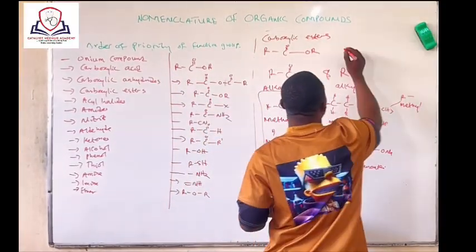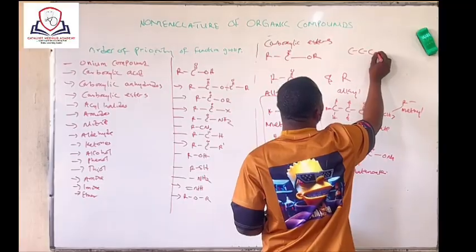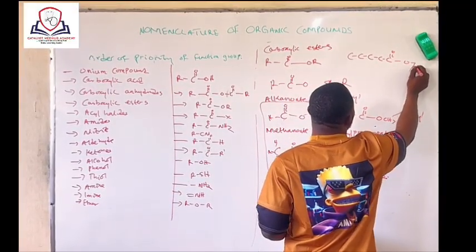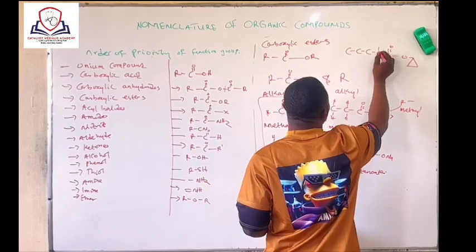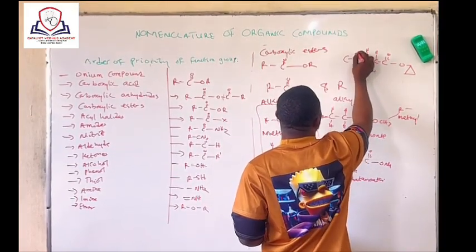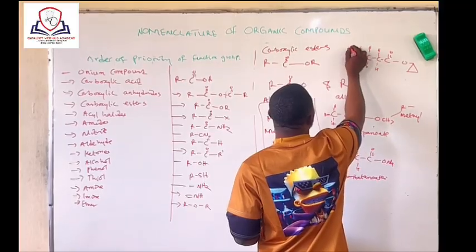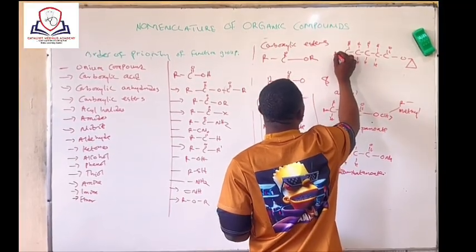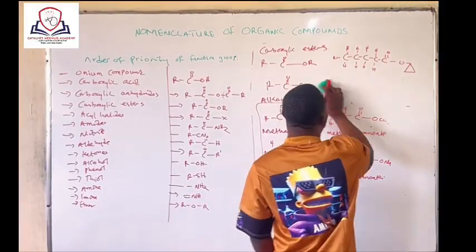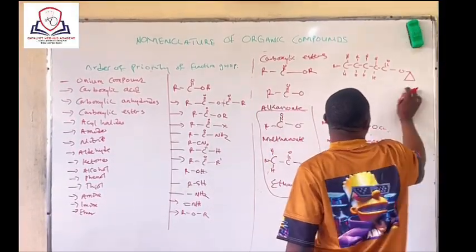You could also have something like this. Here you can see that our R part has turned into a cyclic compound.